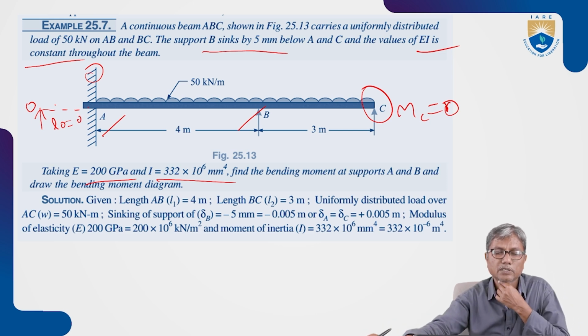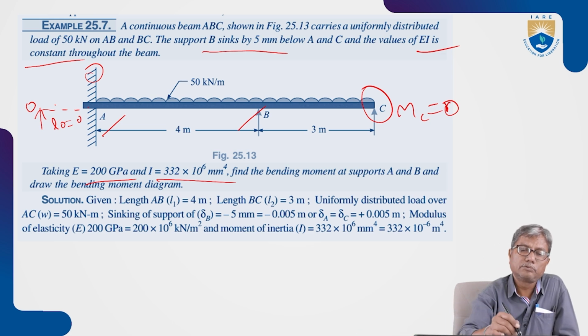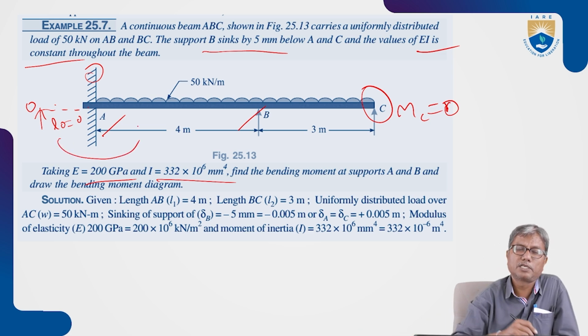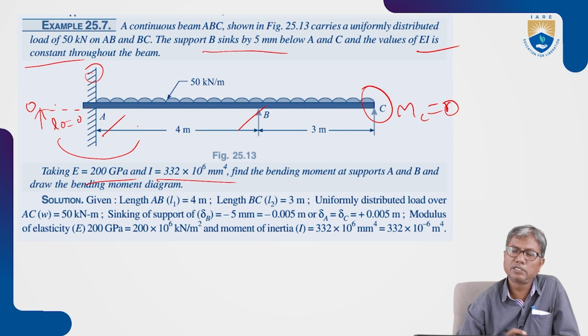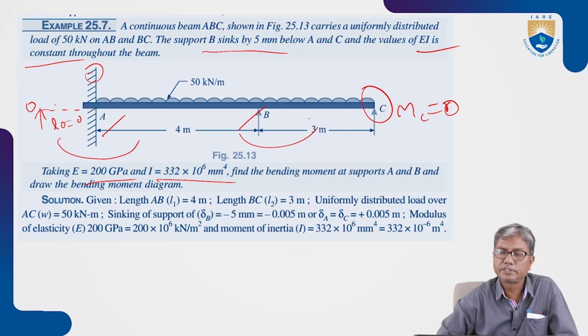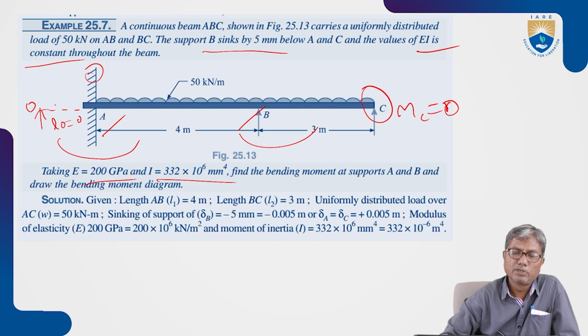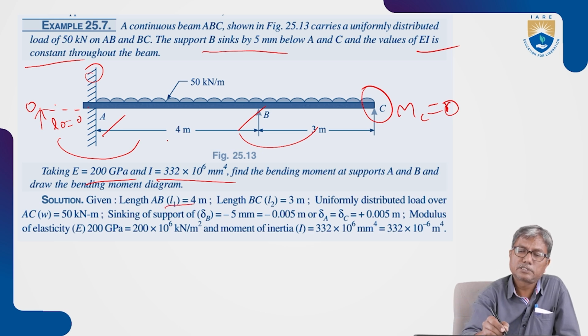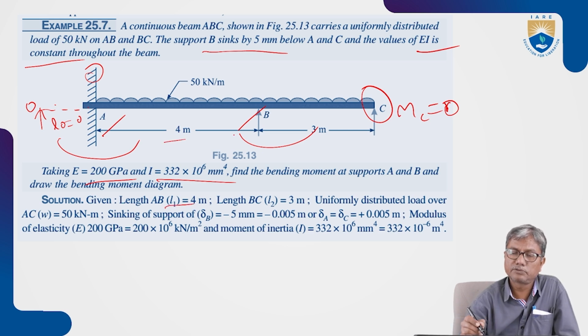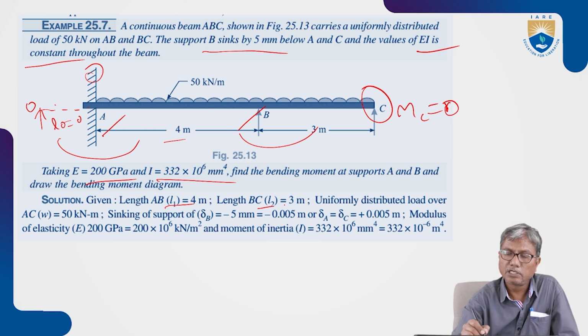Now we apply the three-moment equation first for spans OA and AB, and then for spans AB and BC. Here L1 is the length of AB, and L2 is the length of BC.